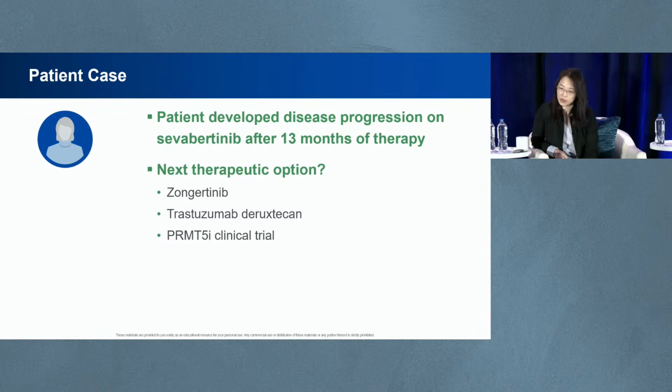But I do also worry a little bit about monotherapy, because it's unclear whether it's a truly clonal event or a subclone that's selected after HER2 TKI. But evaluating for clinical trials from ADC to PRMT5 to other options, that will also be a group of options I will discuss with this patient.